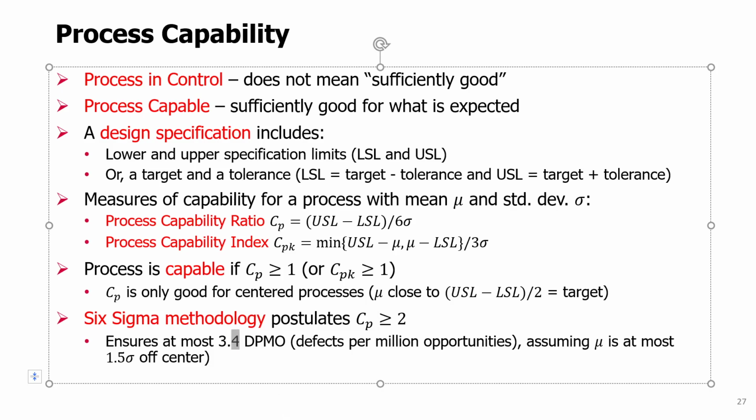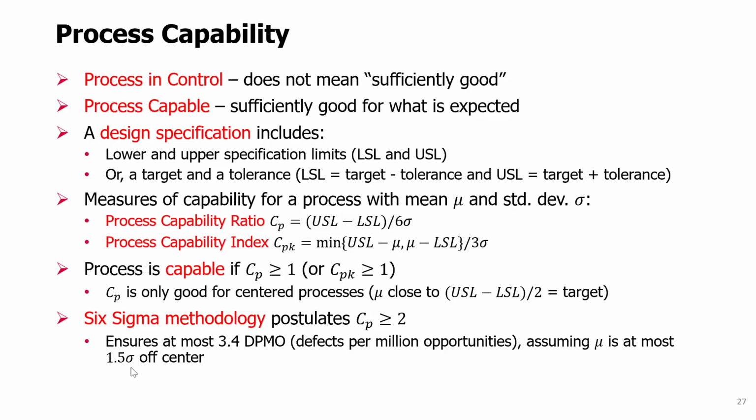There could be 3.4 defects per million opportunities, so much less than 3,000 in the capability 1 case, and that is even if mu is off center, 1.5 sigmas off the center. Of course, if it's less off center, the ratio of defects will be even smaller, and the number of defects will be, in fact, much less.